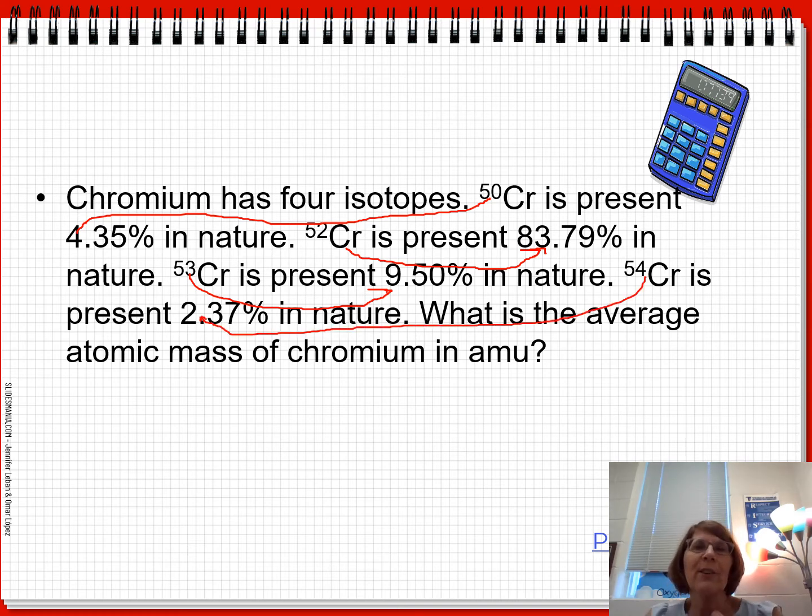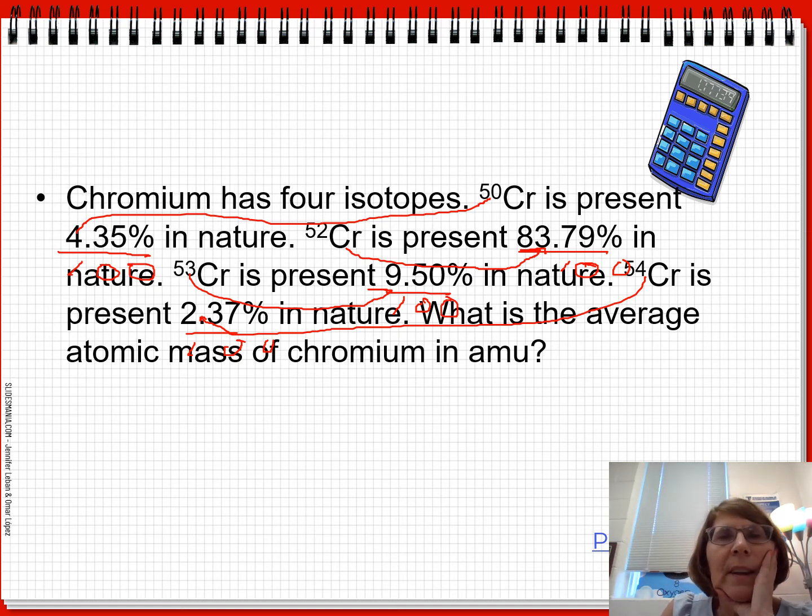What is the average atomic mass of chromium in AMU? So we want to take the 4.35, divide by 100, divide this by 100, divide this by 100, and also the 9.50. But we have to make sure we line them up correctly.